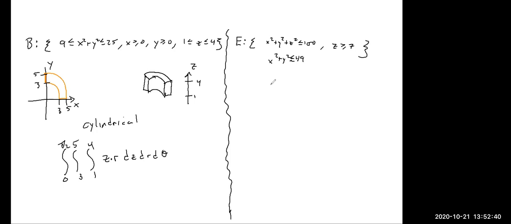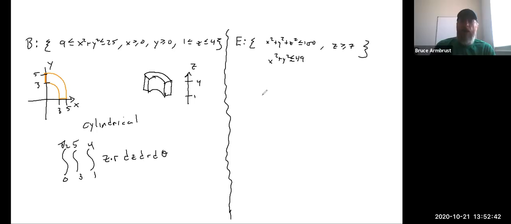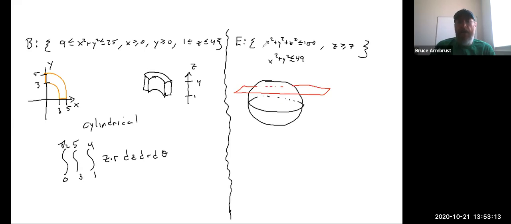Mm-hmm. Okay, so let's see if we can draw this again. So we've got a sphere. Right, there's our sphere. We're under the sphere, but we're above z equals 7. So z equals 7, of course, is just a plane. It's going to slice through that, and it's going to slice through it such that there's a circle.